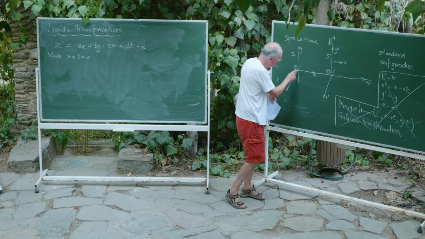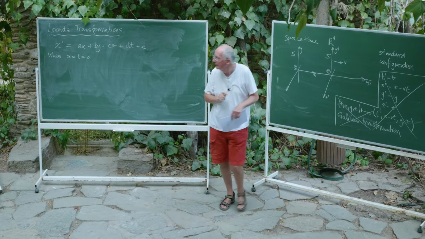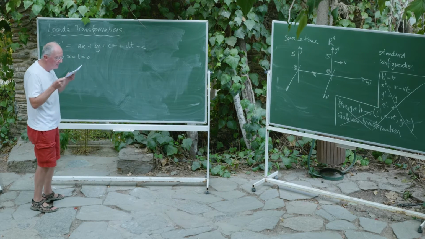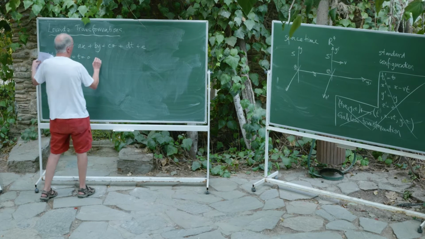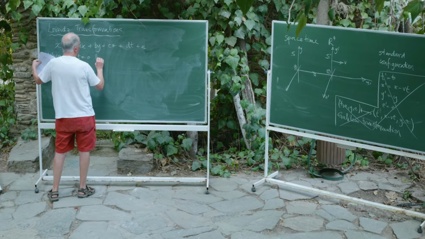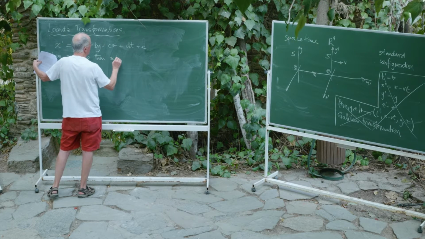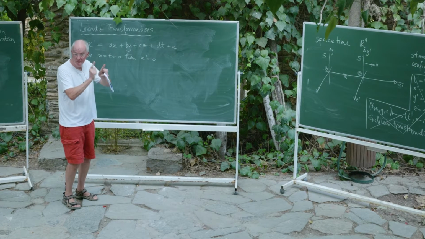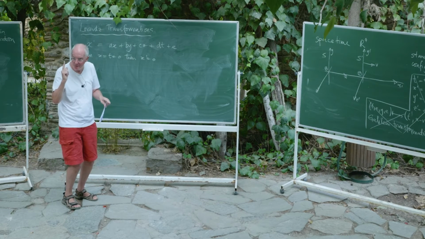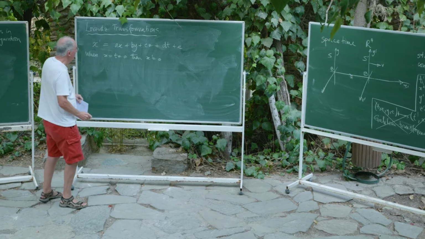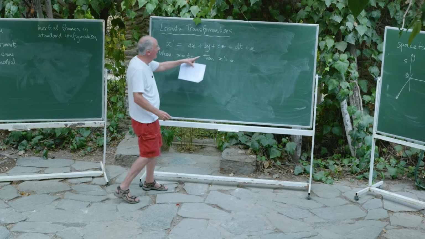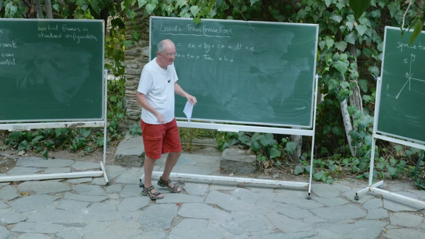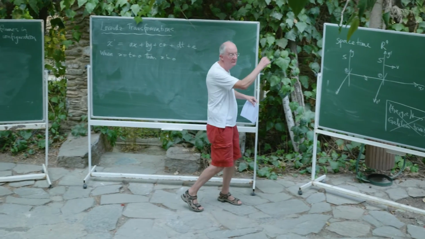So if you're at x equals 0 and t equals 0, then you must also have x dashed equals 0. Because that was the moment when the two frames of reference were the same, the one moment when they were the same. And that must be true for any y or z. Doesn't matter where you are.